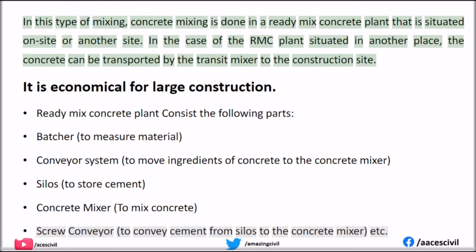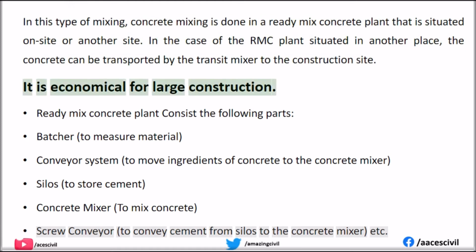In this type of mixing, concrete mixing is done in a ready-mix concrete plant that is situated on site or at another site. In the case of the RMC plant situated in another place, the concrete can be transported by the transit mixer to the construction site. It is economical for large construction.